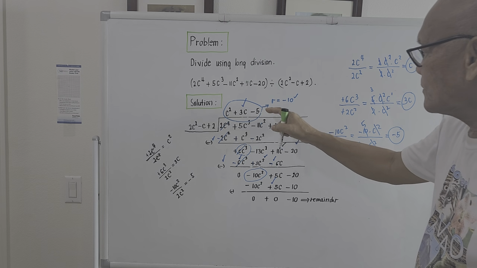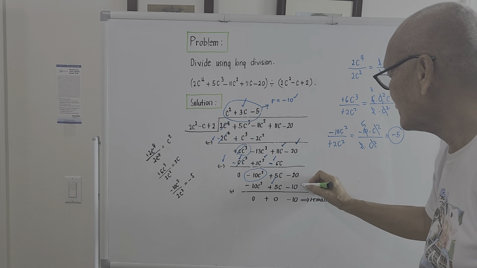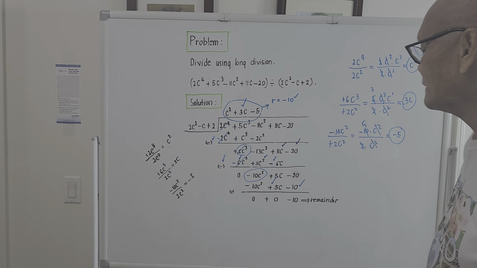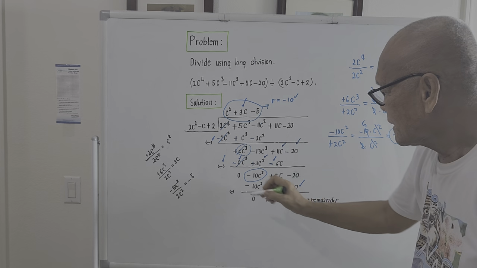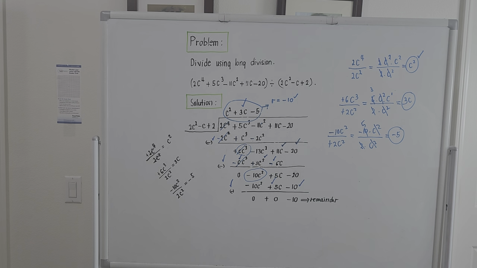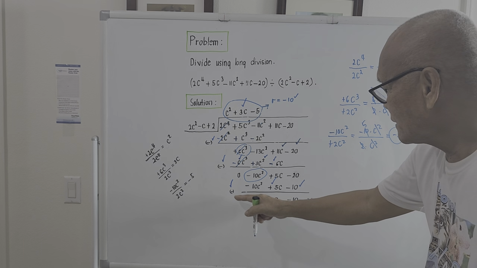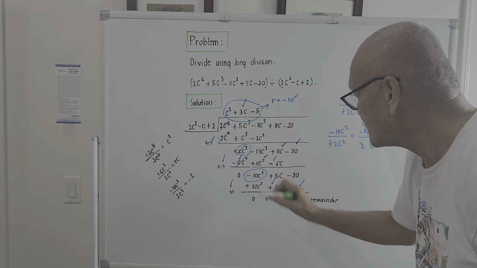And negative 5 times a positive 2 will be negative 10. Right? We put this horizontal line. Then again, we perform the operation subtraction. If the operation here is subtraction, this is minus, right? So this will now become plus.